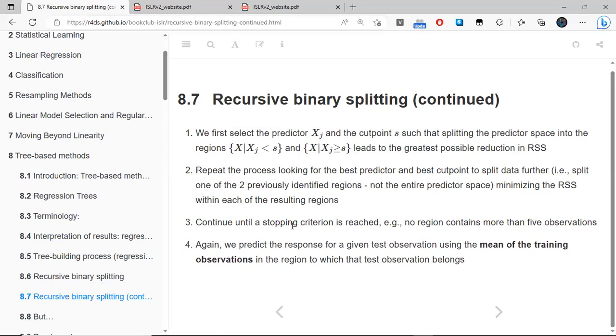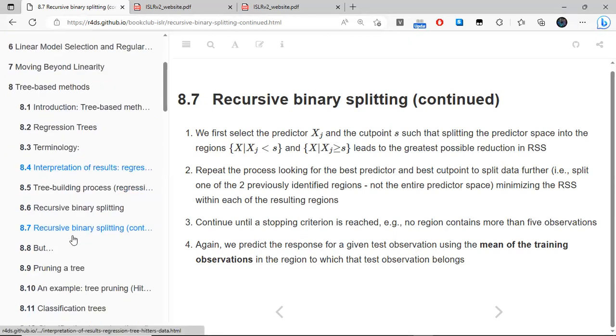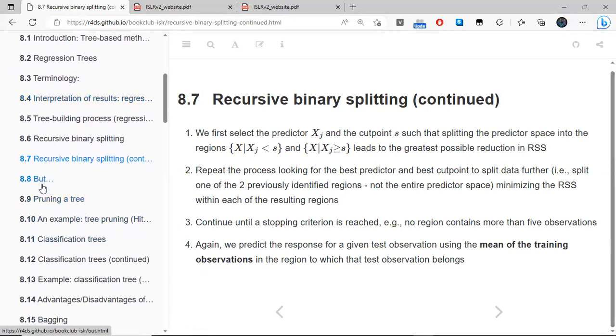We stop when no region contains more than 5 observations, so at most they can have 5. And once we have concluded this splitting of the predictor space, for each region, the predicted value is going to be the mean of the observations that lie inside that specific high dimensional box.